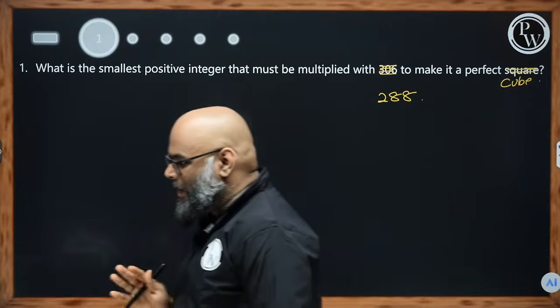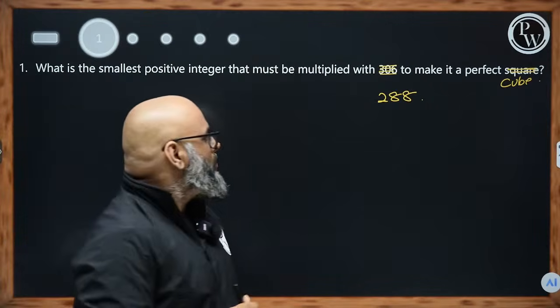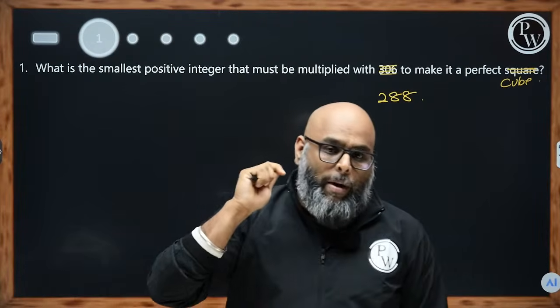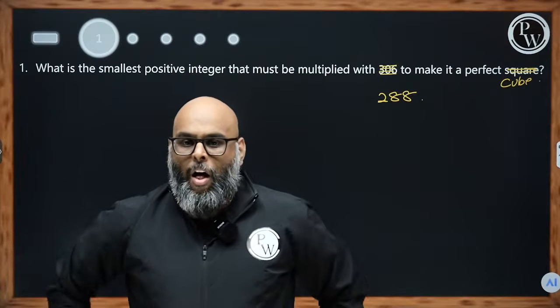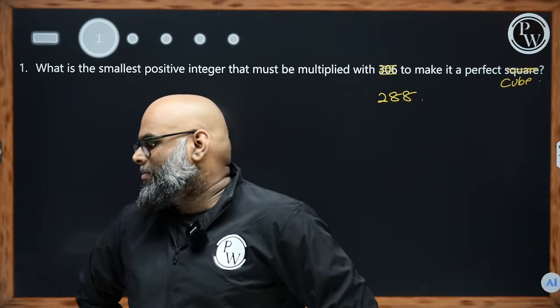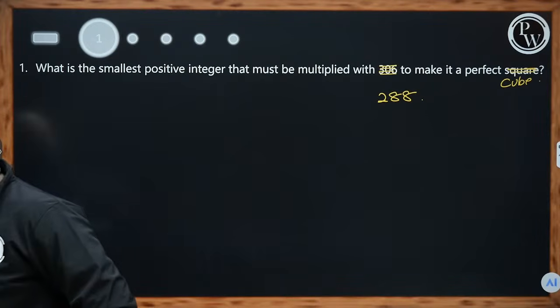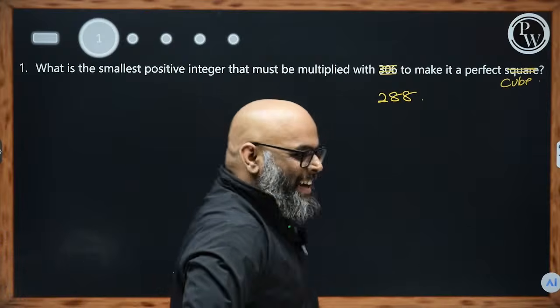Just an activity. I want you to make 288. What will you multiply with the 288 to make it a perfect cube? Attack it.